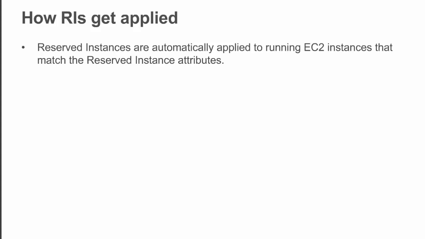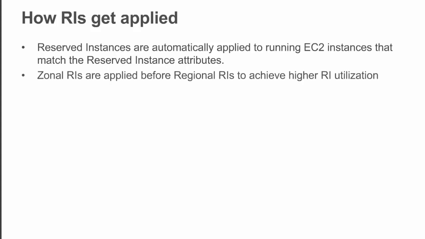So if you purchased two C4 large default tenancy Linux RIs in US East 1A AZ, then up to two C4 large Linux instances with default tenancy running in the US East 1A AZ can benefit from the RI discount. Alternatively, you can launch an on-demand EC2 instance with the same configuration as the reservation, and the billing benefit is applied automatically.